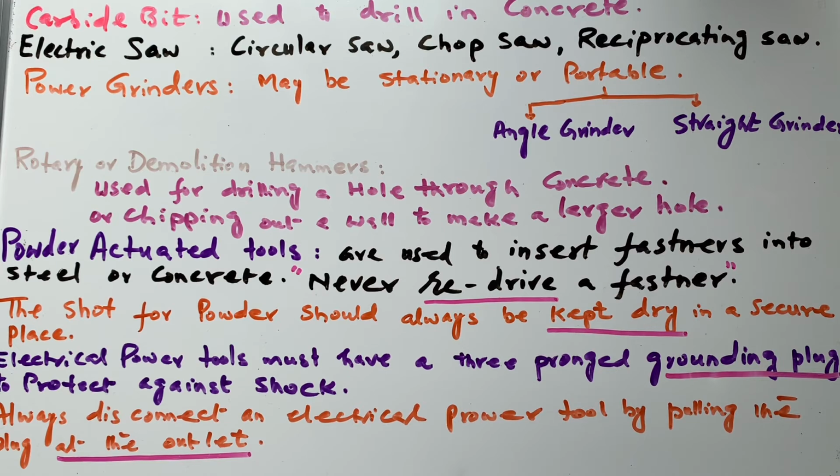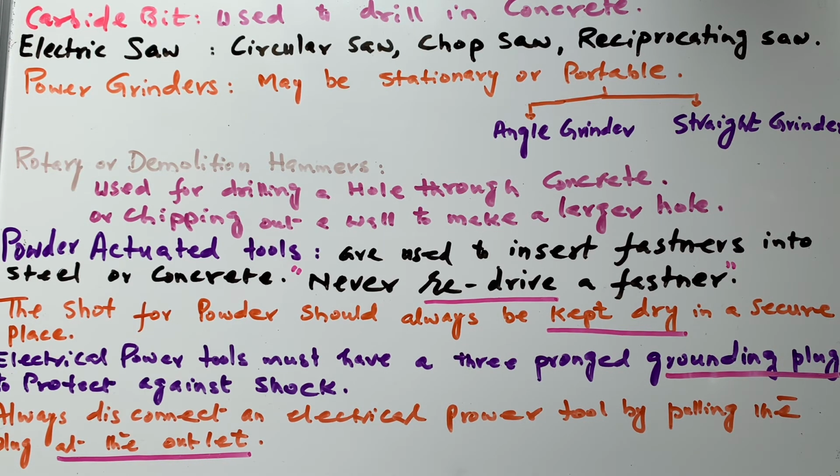Do not stand on wet surfaces when operating an electrical power tool, right? This is obvious. Do not touch water or metal piping while operating an electrical power tool. Do not overload or force the operation of an electrical power tool. Do not use long extension cords.